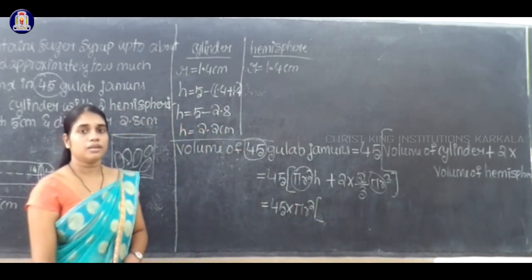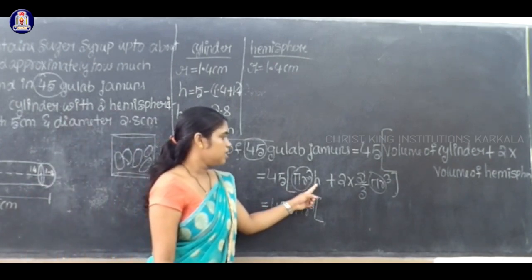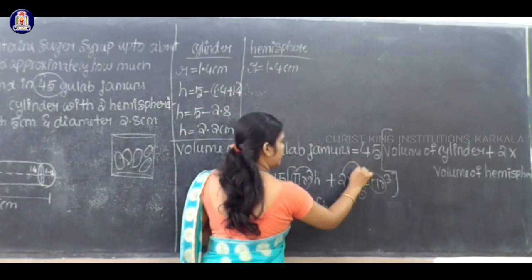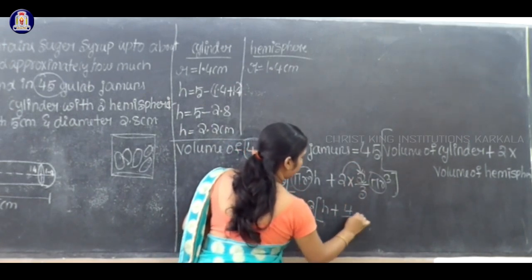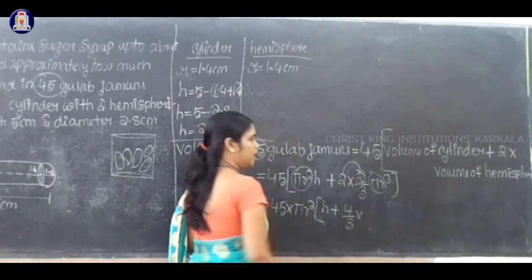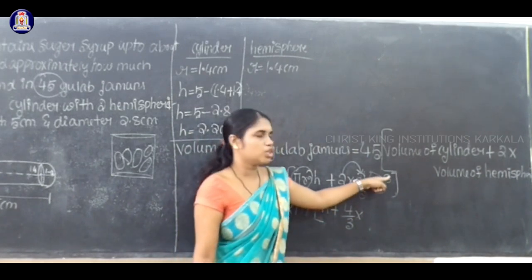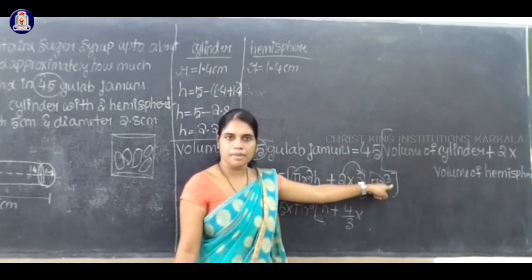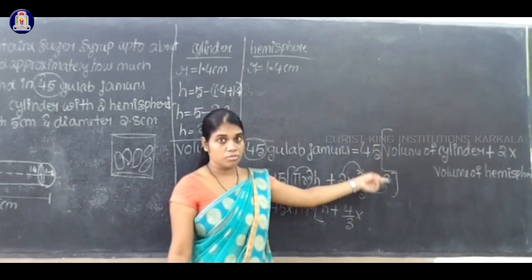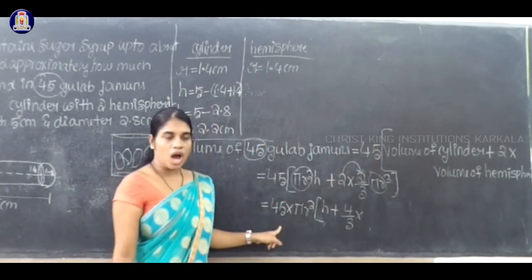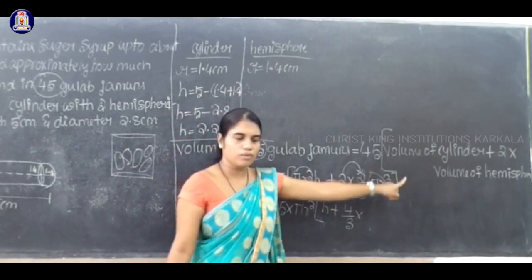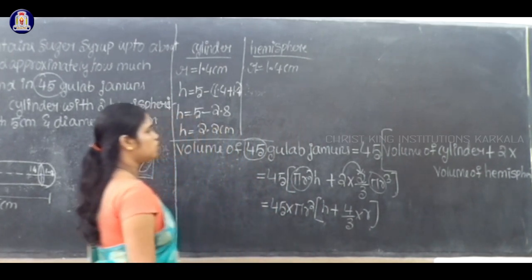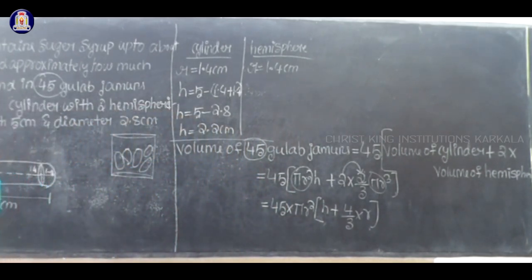So therefore I will take pi r square as a common term. Then what about the remaining term? Remaining term is h plus 2 into 2 is nothing but 4 by 3 into, since there is r cube, r square is outside, so one more r remained, isn't it? Okay, so now we'll substitute the values.